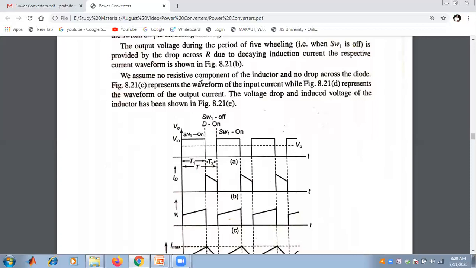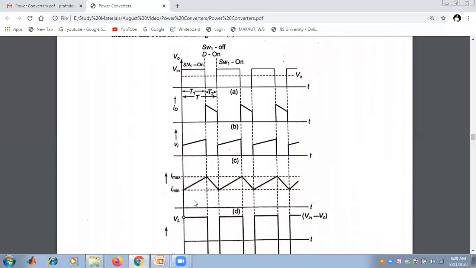We assume that the inductor has no resistive component and there is no drop across the diode. Figure C represents the input current waveform, and this is the output current waveform.